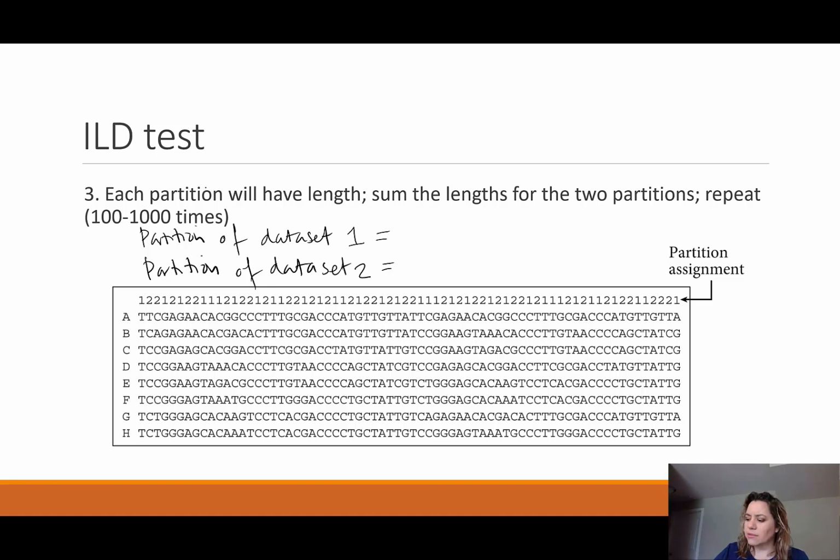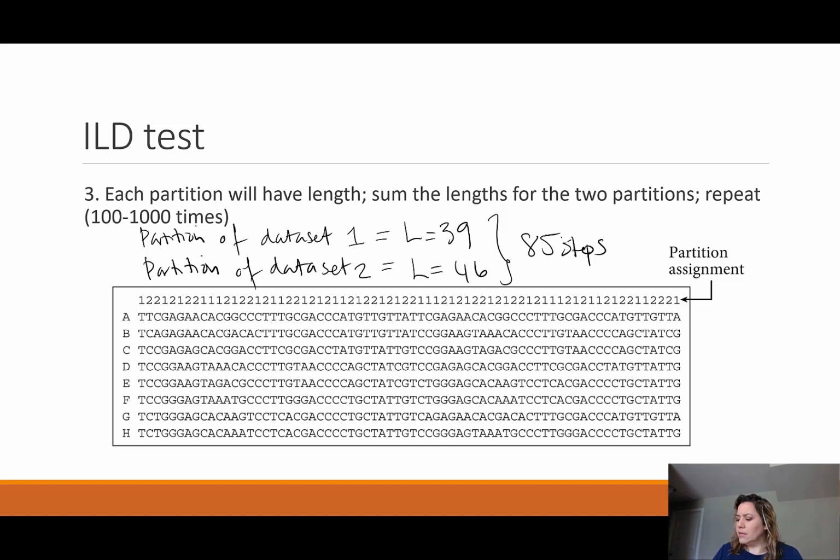Let's say that this random partition 1 has a length of 39, and let's say that the tree from partition 2 has a length of 46. This gives you a length of the combined partitions of 85 steps. We can chat more about this when we meet face to face.